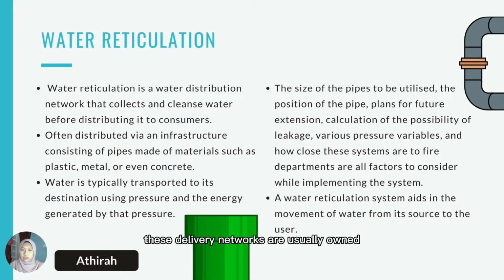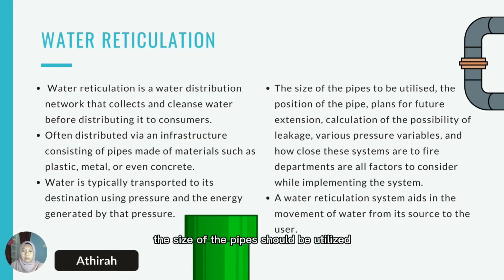These delivery networks are usually owned by local governments. Before the installations can begin, the system must be developed and planned by the municipal planners, city engineers, and also consultants who are contracted to work out every detail of the system.